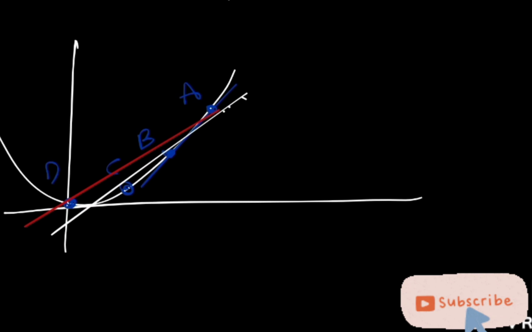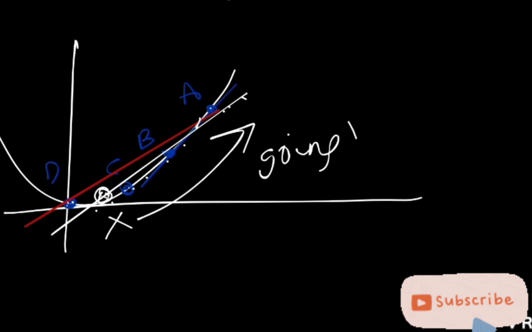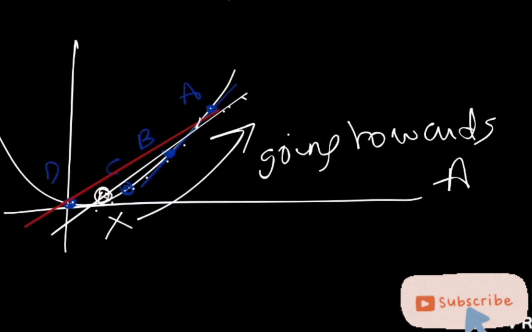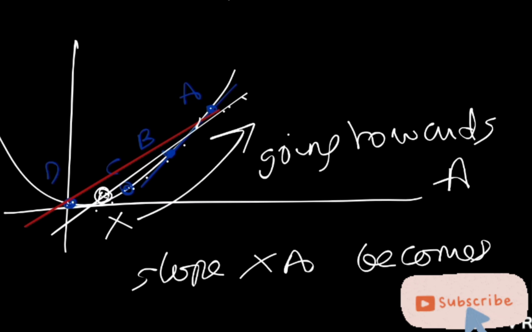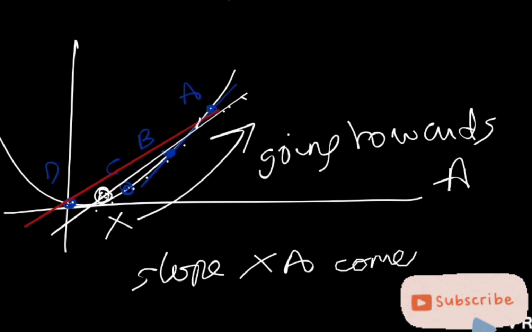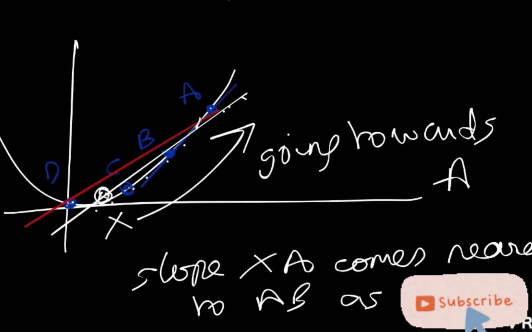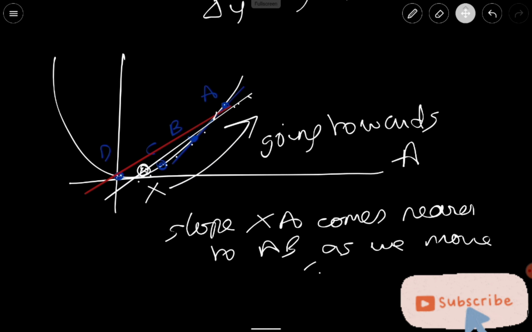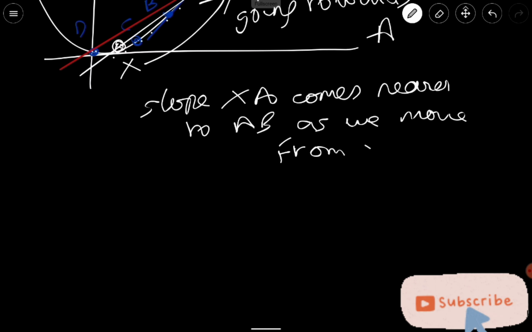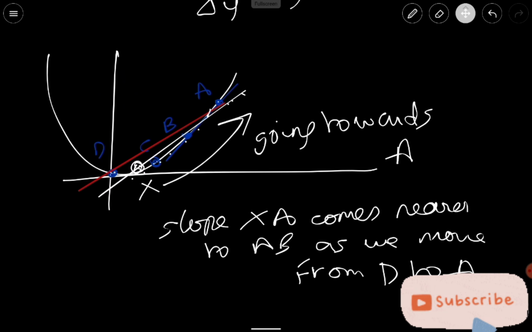So if we come closer from D all the way till A, suppose we have a point X, and this point X is going towards A, then the slope XA comes nearer to AB as we move from D to A. We can see in that diagram, when we move from D to A, the slope will become similar to AB.